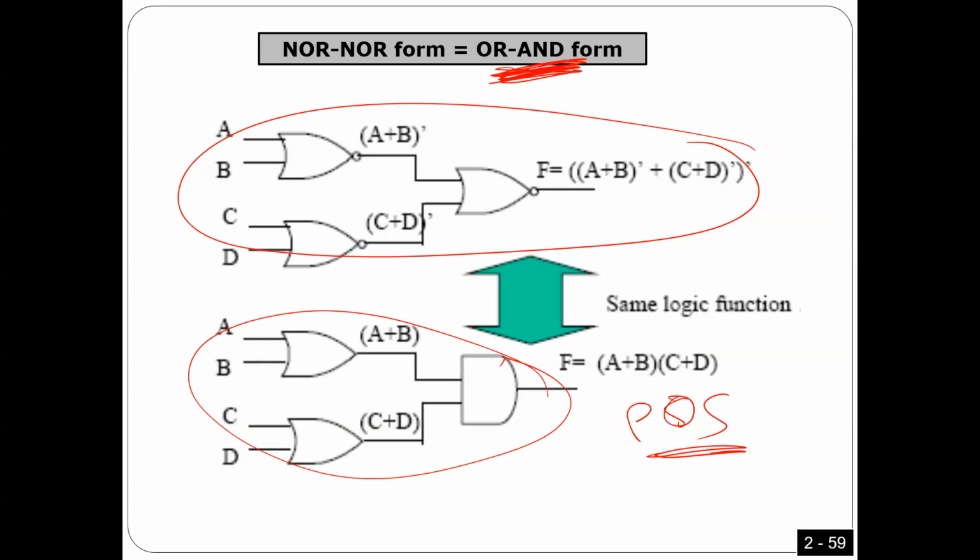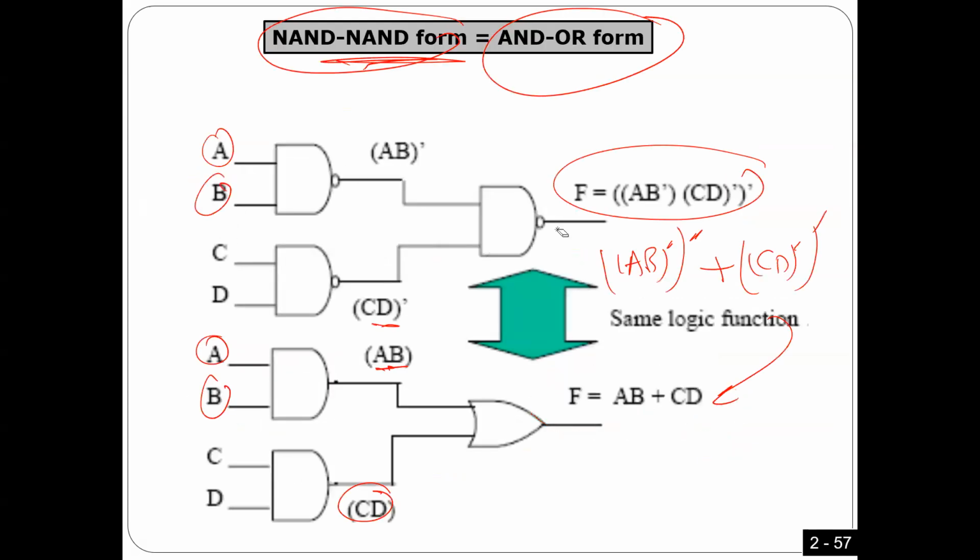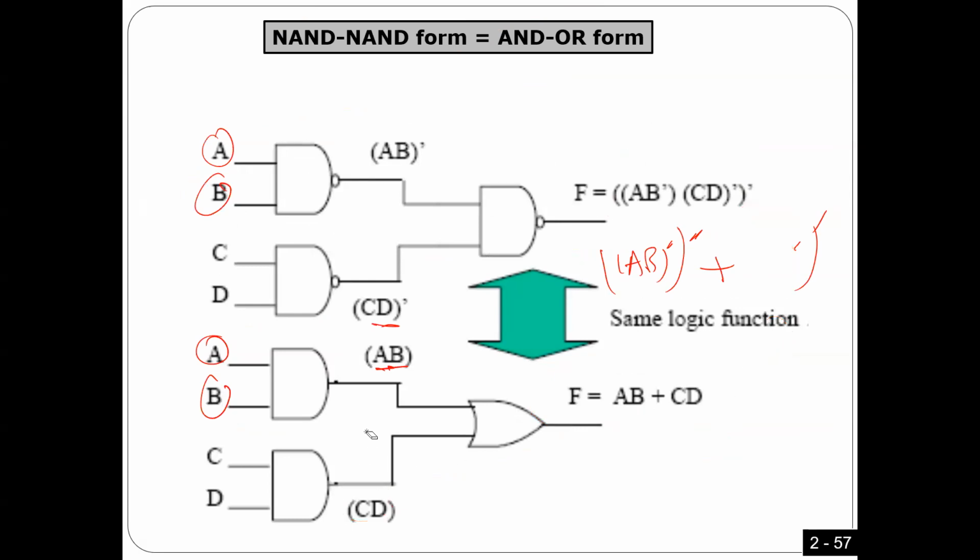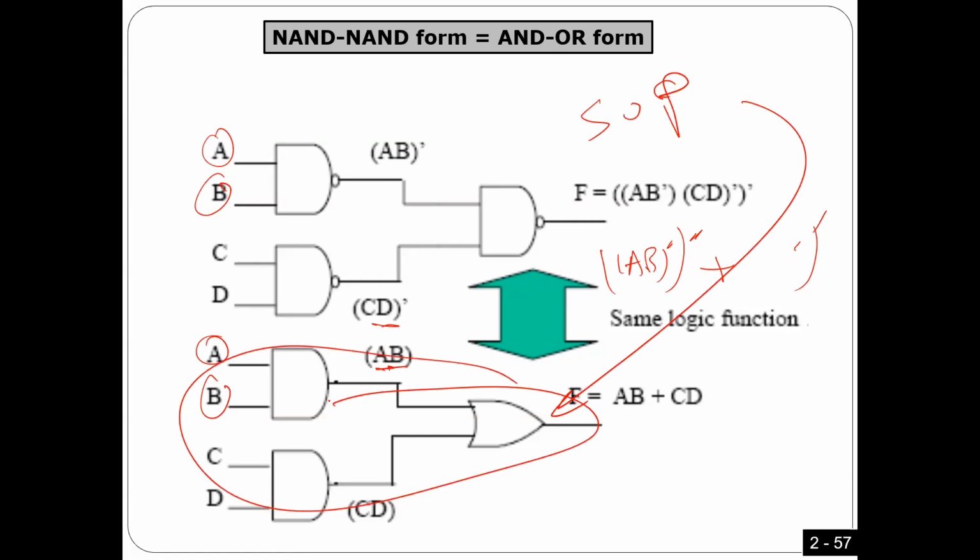Because if you implement it using sum of product, like this one here, I can implement the circuit using only NAND gates. And this is something I think manufacturers like. If I have a NAND gate and want to implement everything using only one electronic gate, I can implement everything using only the NAND gate.